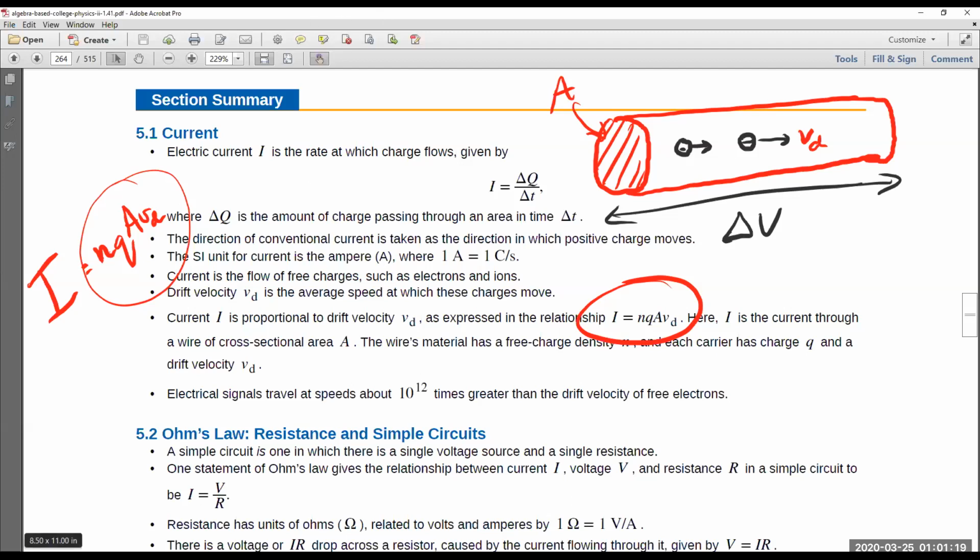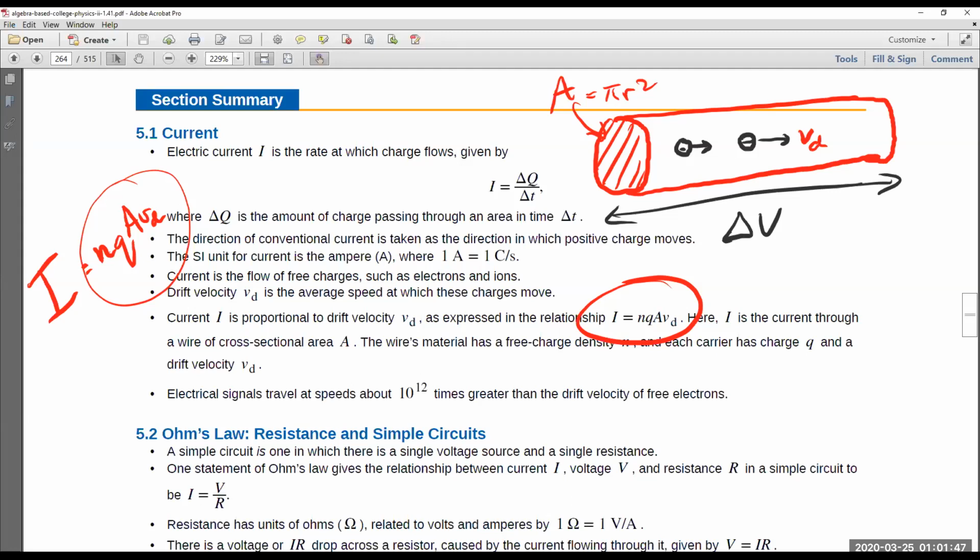Okay, so the macroscopic current I is equal to the charge density n times the charge carrier q times the area times the drift velocity. Area is simply equal to pi r squared. If you know the radius of the wire or the diameter of the wire, you can calculate the radius and then the area.